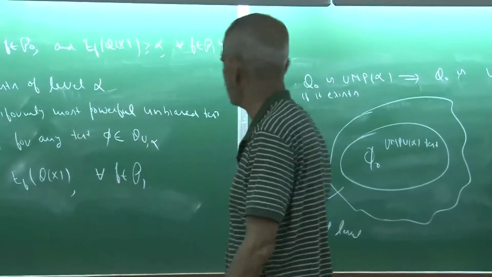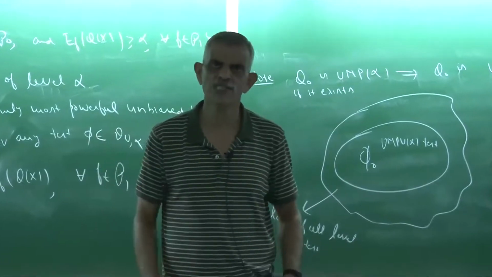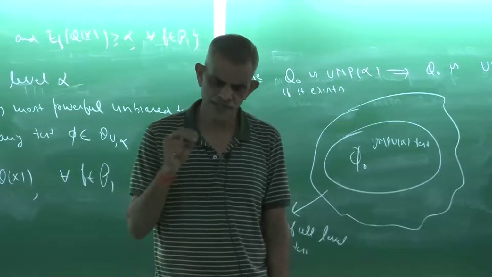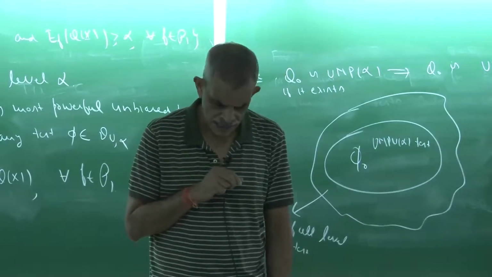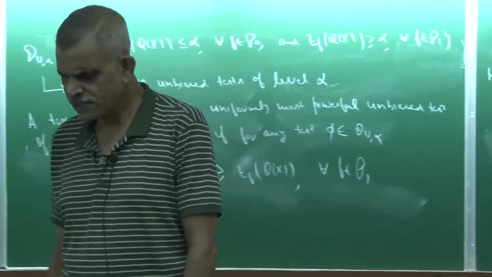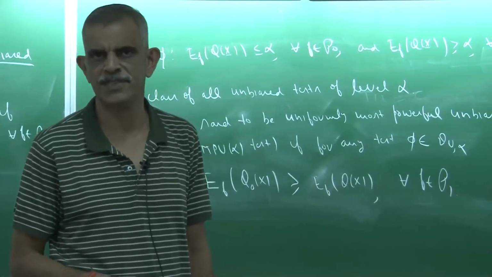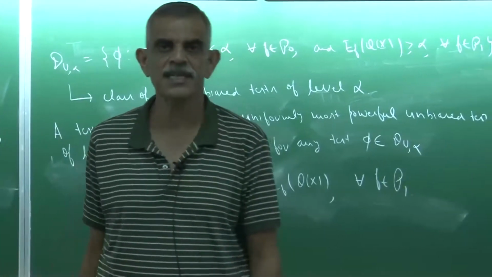As we have seen, in certain situations a UMP alpha test may not exist, especially when you have nuisance parameters, or you have a two-sided hypothesis of the kind theta equal to theta naught against theta not equal to theta naught. So in the next module, we'll present one result which tells you how to find a UMPU alpha test in situations where a UMP alpha test does not exist. So that we'll do in the next class. Thank you.